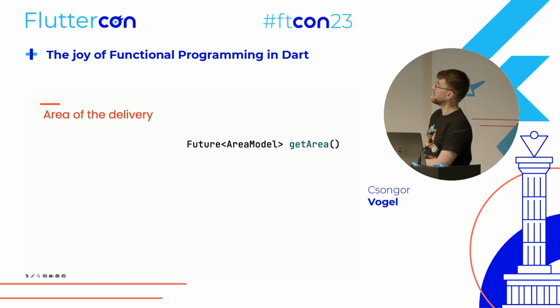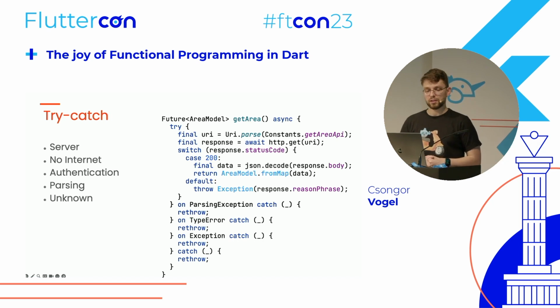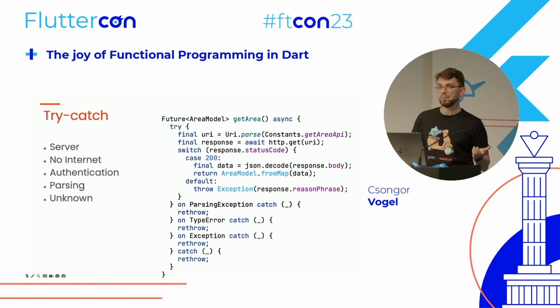The first thing we can see is that we return an area model in an optimistic way, and if we want to heavily rely on that, this is the only thing we are expecting from this function in the beginning. But in the real world, if we go one layer below, we can see that so many exceptions can also be expected when using these functions. We can have different server issues. If the user is not connected to the internet, we can receive authentication or parsing problems.